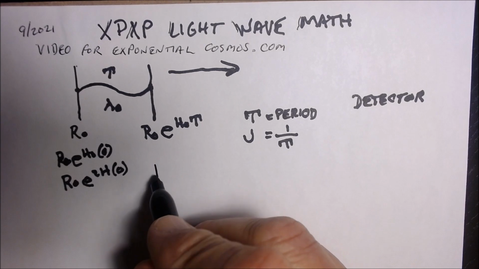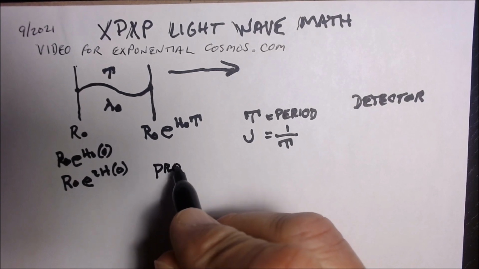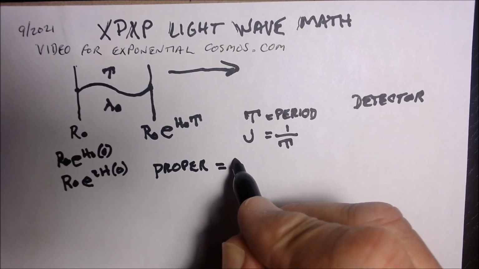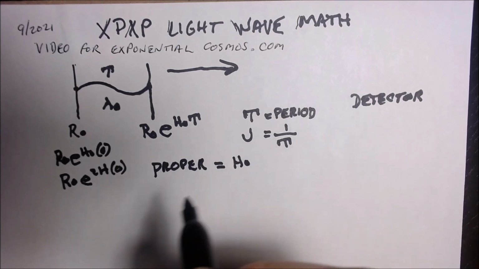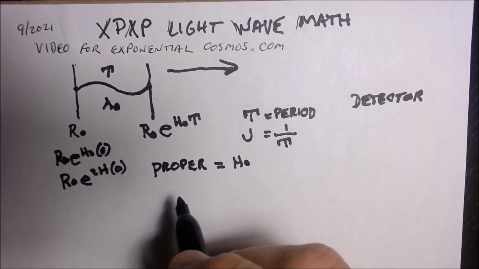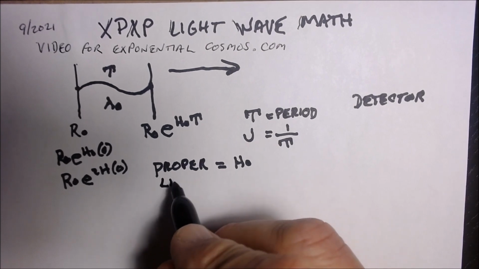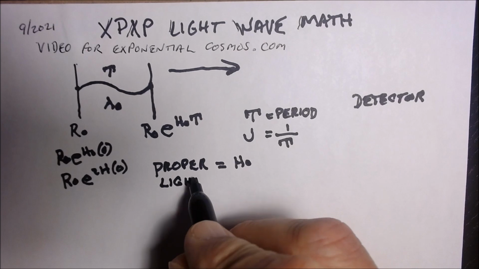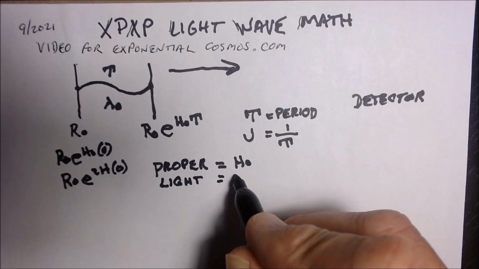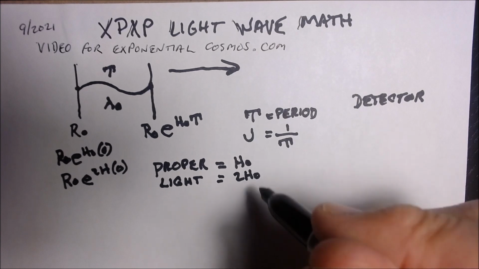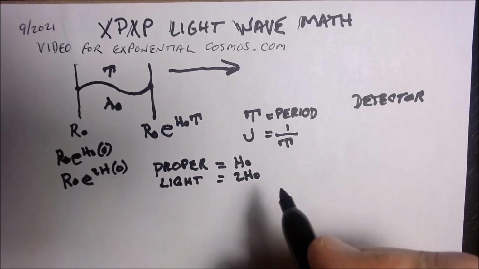For proper motion, it is H0, and we've discussed this before. For light, it's 2H0. So when you differentiate, you use these as your constants.